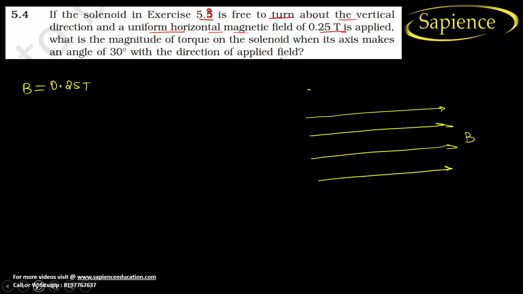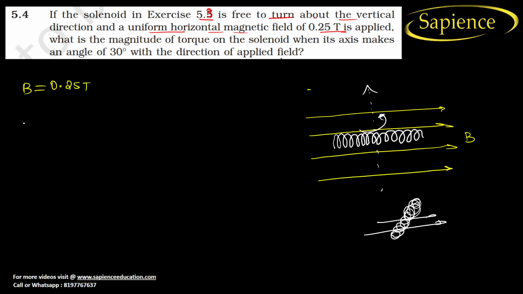Let us suppose this is the vertical direction, and there is a solenoid, and it will try to rotate in this direction, about a vertical axis. If you can understand the 3D figure, it is like this.